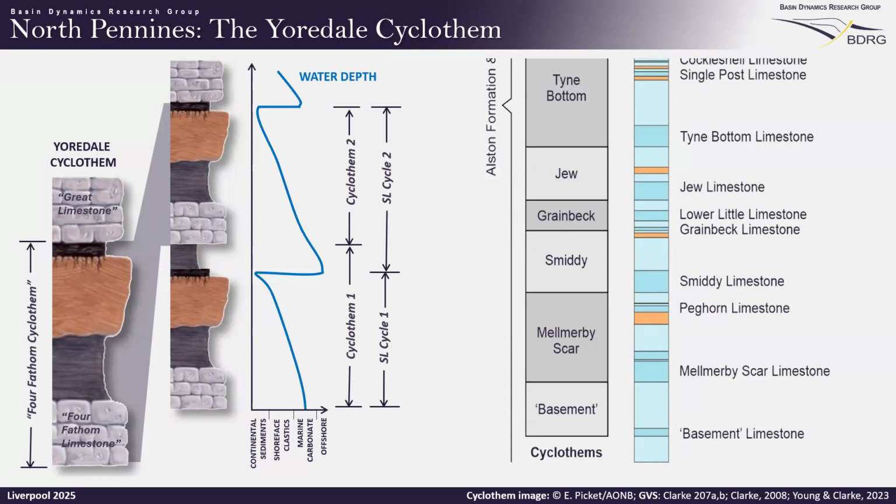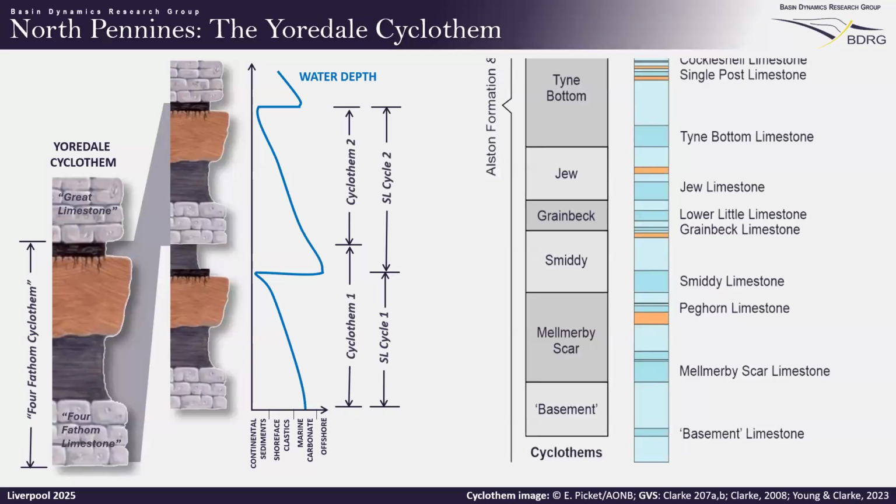And that pattern repeats, roughly speaking, time and time again. And as a result, that pattern got termed a cyclothem, or Yoredale Cyclothem, hence cycling back through an old theme, the title of this. So the cyclothem is defined from the base of one limestone to the base of the next limestone up in the succession, or I should really say the next major limestone up in the succession.